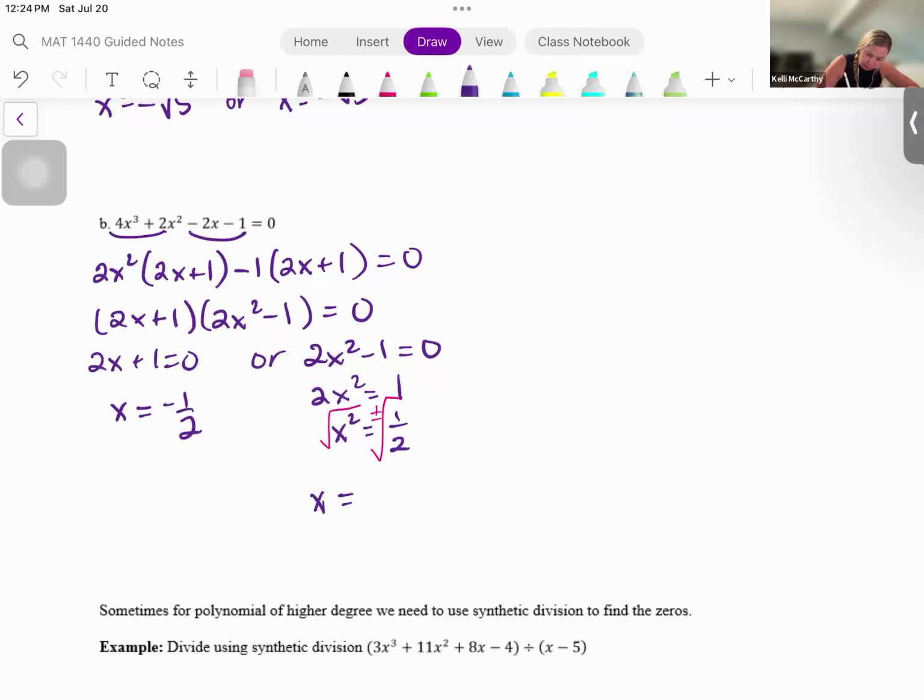So we get x is equal to plus or minus the square root of 1/2, which is equal to plus or minus 1 over the square root of 2, which to rationalize, I'm going to multiply by square root of 2 over square root of 2. Since we've already finished our trig unit, that ratio should be very familiar to us. This is going to be plus or minus square root of 2 over 2.